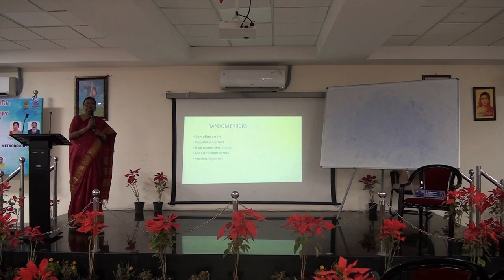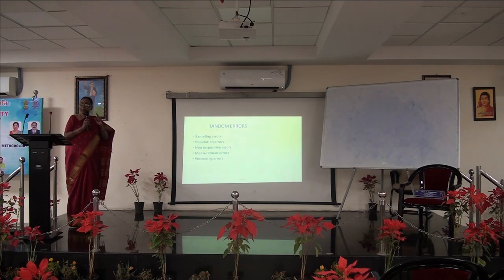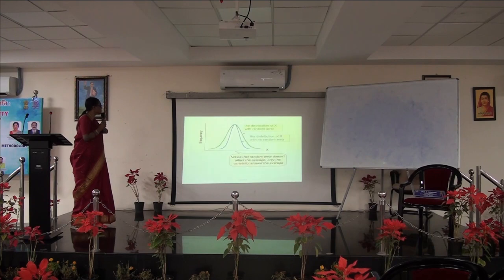Processing errors. In processing, some people included serial numbers in the analysis. So for processing errors, the right statistical techniques and the right data have to be selected for processing. Next slide.